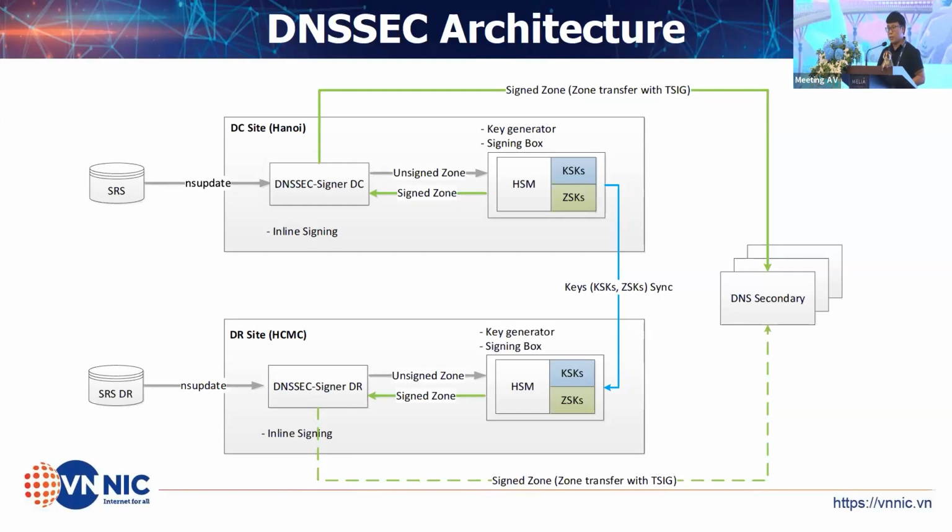The DNSSEC box includes the DNS server, the DNS signer and the HSM. We use the HSM device to generate the DNSSEC keys and sign the zone for .vn and for the other second level domains under .vn.